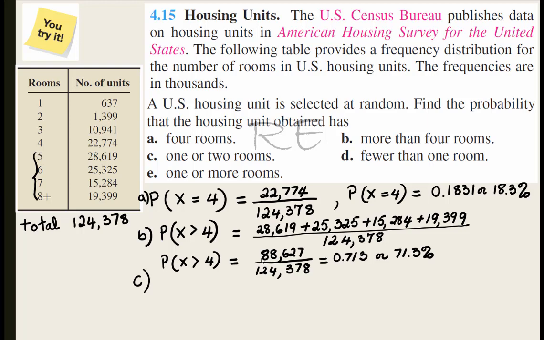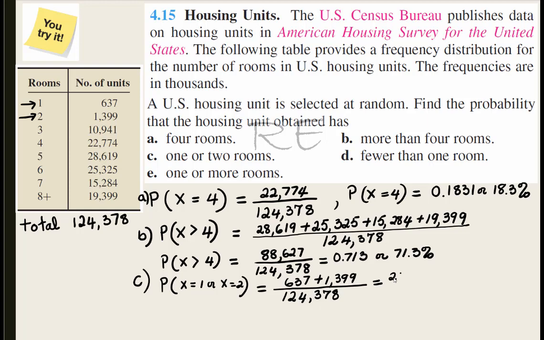For C, we're going to calculate P of 1 or 2 ohms. So it's P of X equal to 1 or X equal to 2. Then we have to add the number of units for 1, 637, plus the number of units for 2, 1,399, and divide them by the whole, the total number of units, which is 124,378.